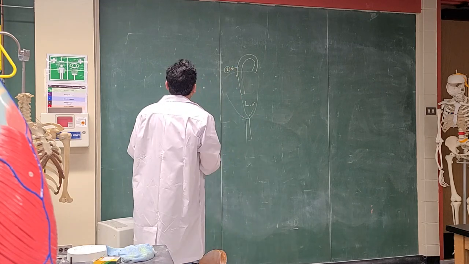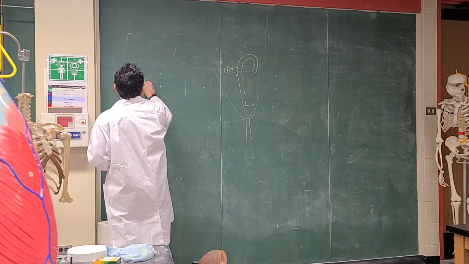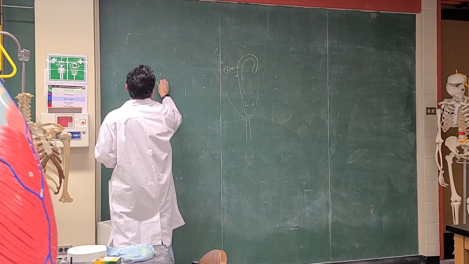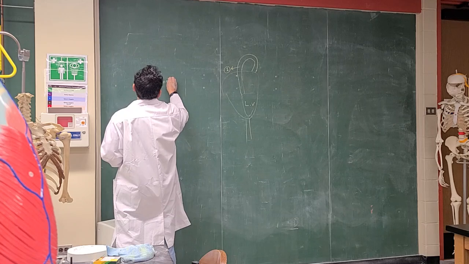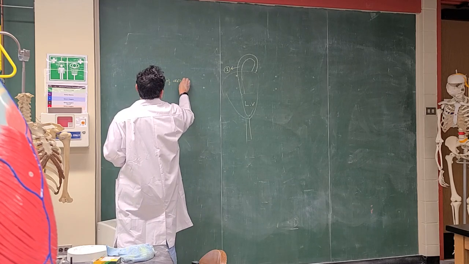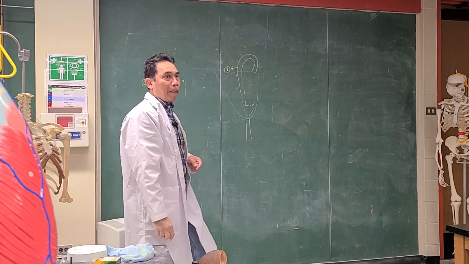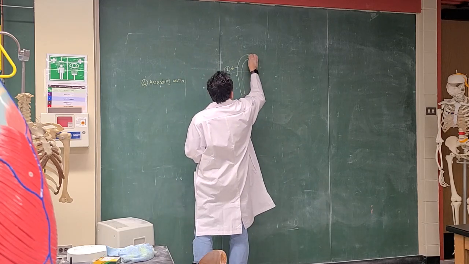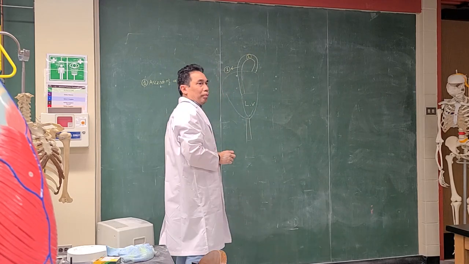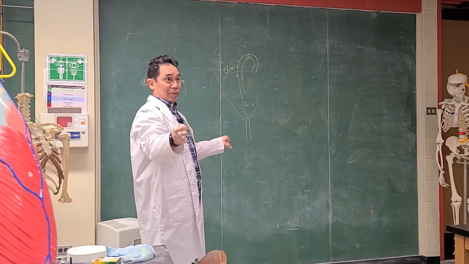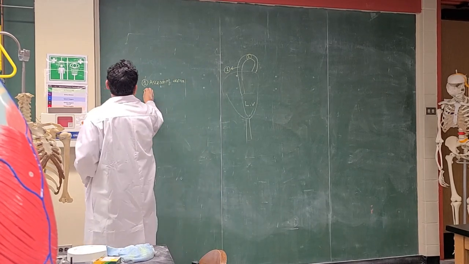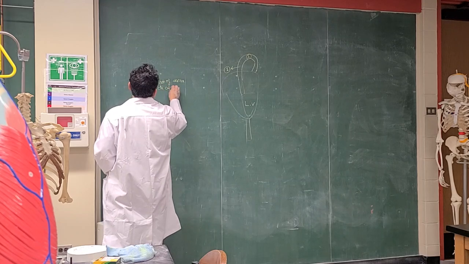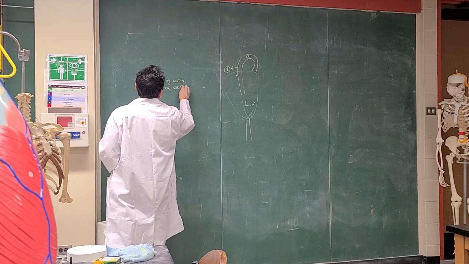Number one, ascending aorta. Okay, number two. This part over here is going to be number two, making an arch. So number two, arch of aorta.